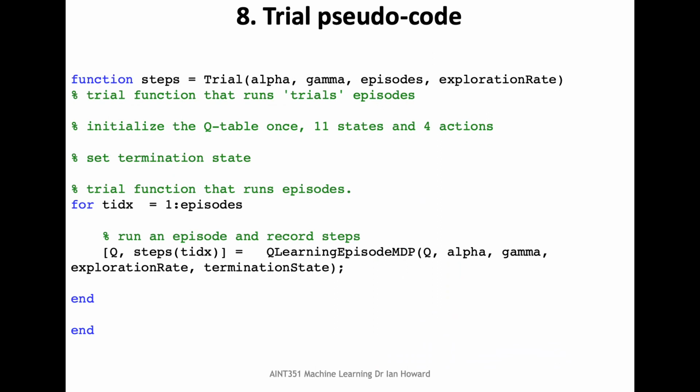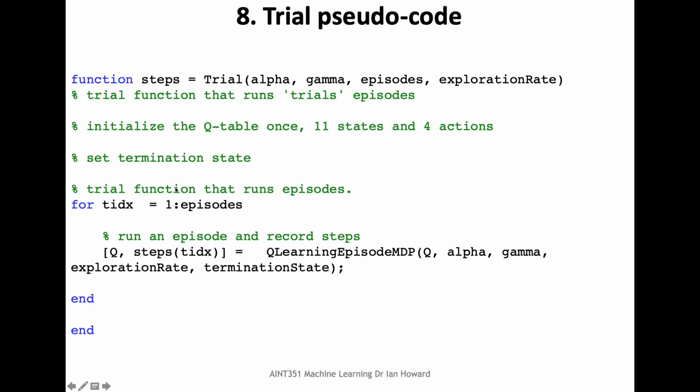And that's again something fairly simple to do. I've just written some example functions for you. Here's the one for trial. You give it the alpha, the gamma, the number of episodes you want it to run, and the exploration rate, and it's going to return for a particular trial this array of steps.